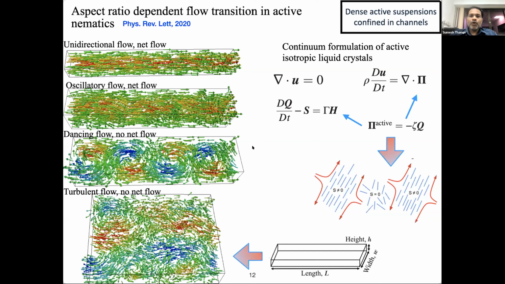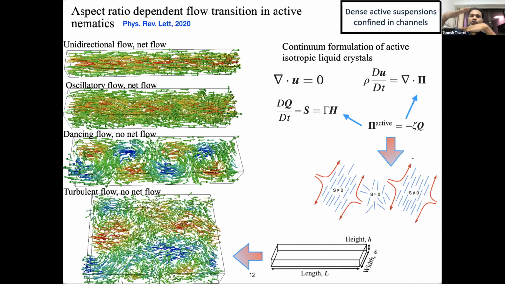So the more you confine a system, unlike normal fluids where you apply some sort of external pressure, or you move a plate to move your fluid, here the source of the activity, or the source of energy, is distributed everywhere in the system.